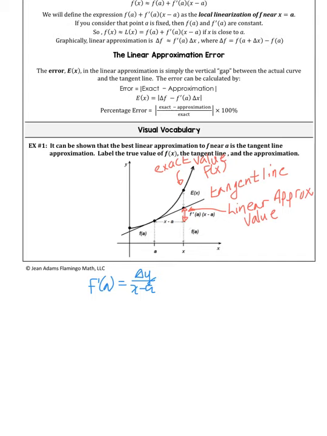And if you were to solve this by cross multiplying, so I'm going to put this over 1, and if I cross multiply, I get change in y is equal to f prime of a times x minus a. So this value right here is this value right here.